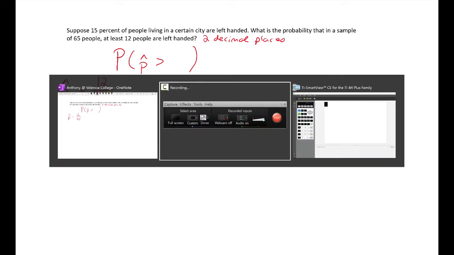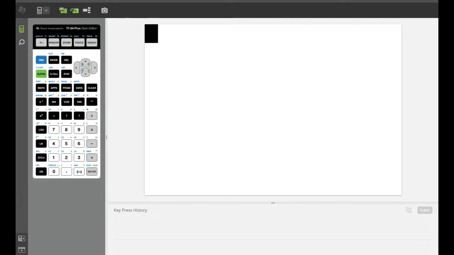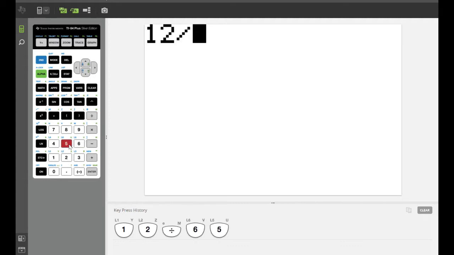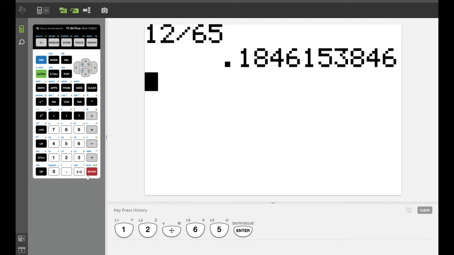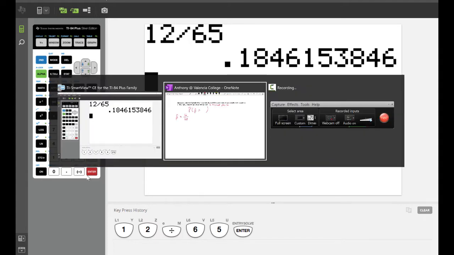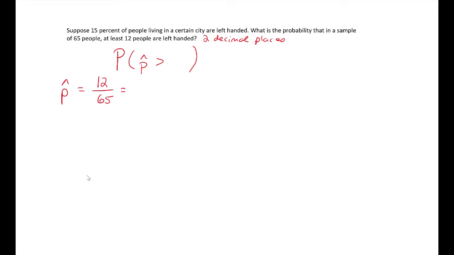So 12 divided by 65, let's pull up our calculator. Gives us a sample proportion of 0.185. So that is what we're trying to figure out. We're trying to figure out what's the probability that our sample proportion is greater than 0.185.